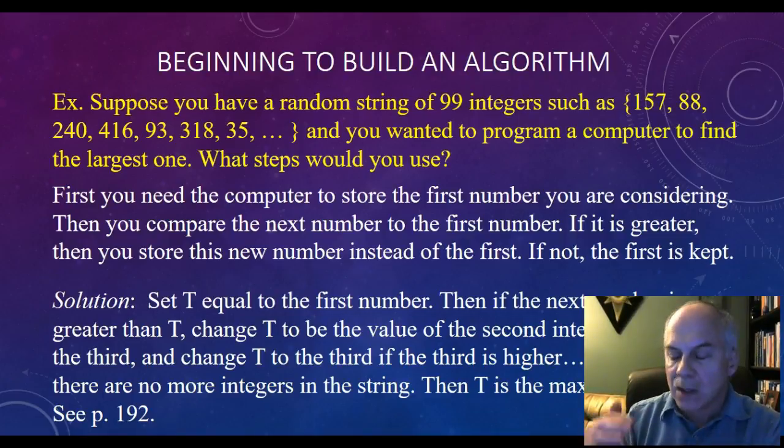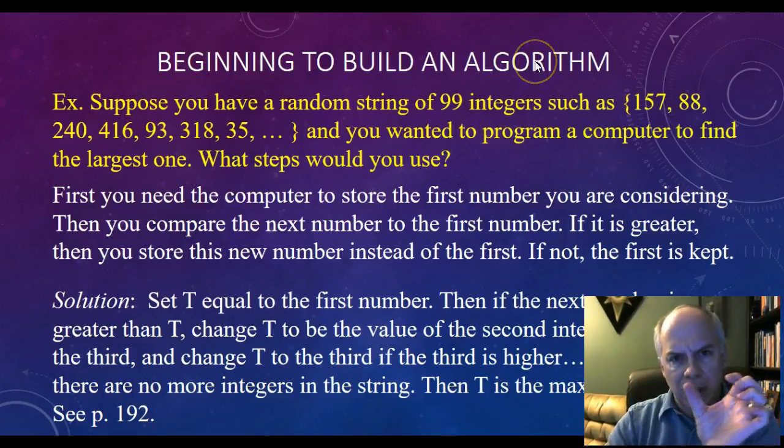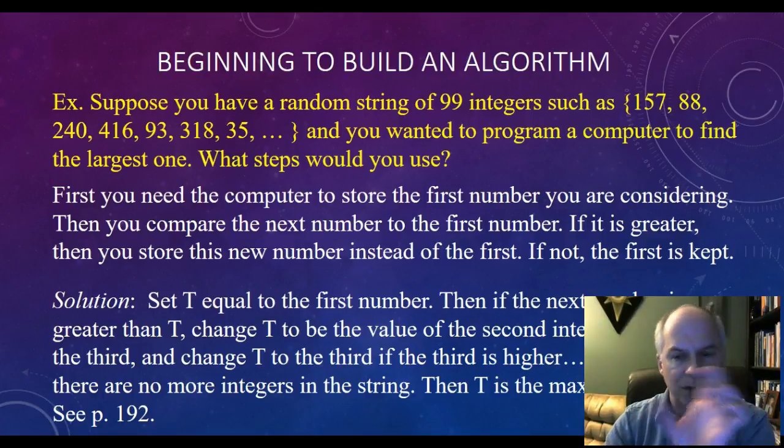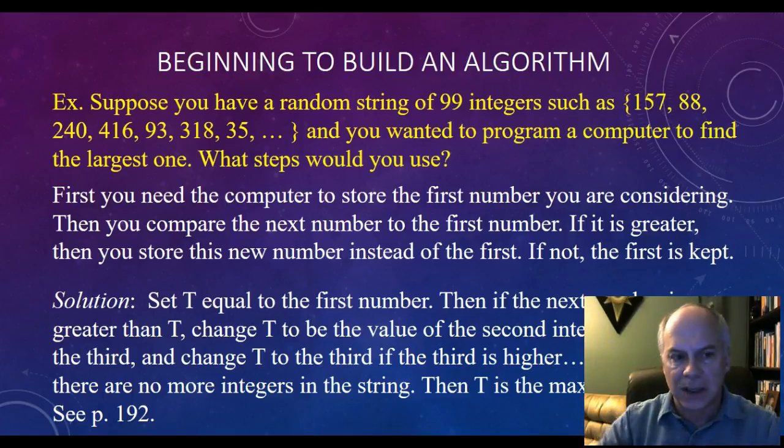Okay. So first, see, the computer can only store two things at a time, or compare, I should say, two things at a time. It can't look at a string like we can and kind of, with our eyes, see which one's the largest. It has to look at them two at a time.